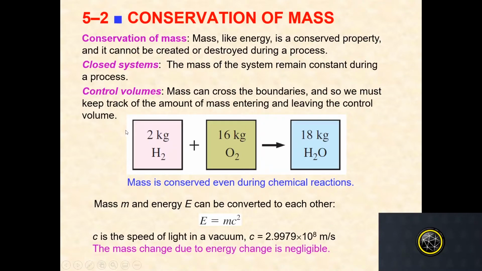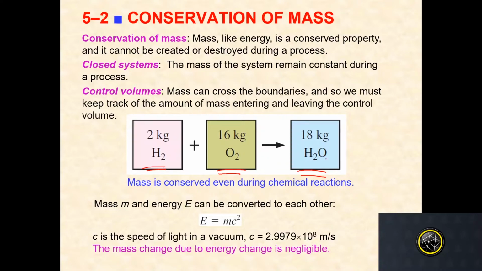In this example, you have a mixture of 2 kilograms of hydrogen and 16 kilograms of oxygen. It will give you 18 kilograms of H2O. As you know, the volume might be different because hydrogen and oxygen are both gases, and H2O is liquid water.